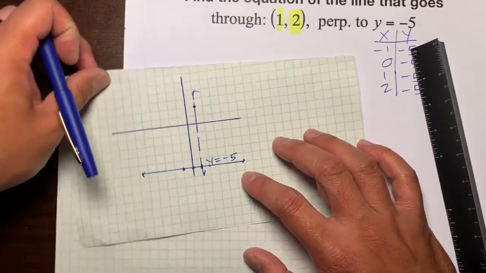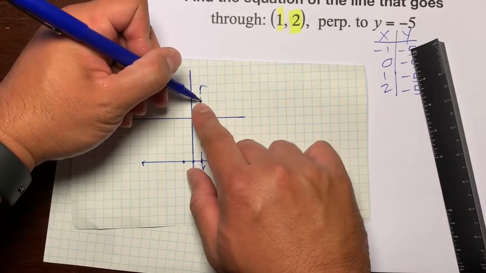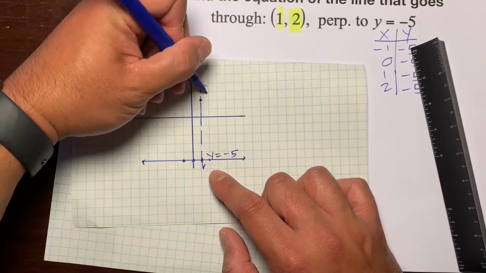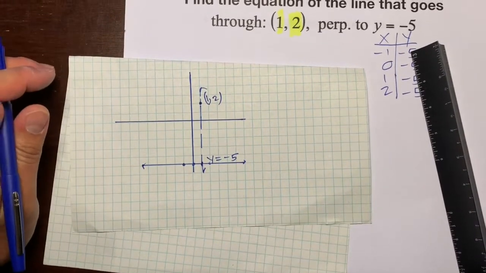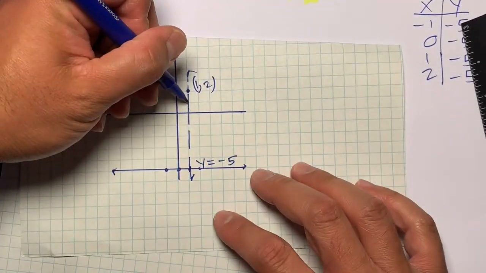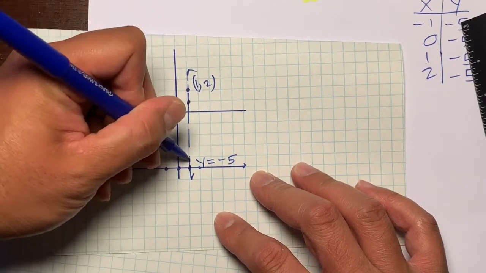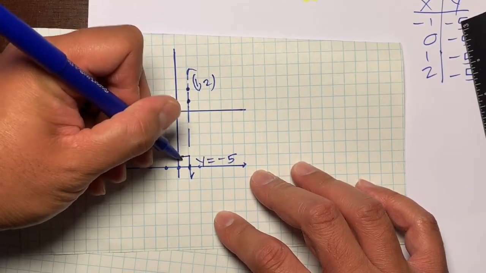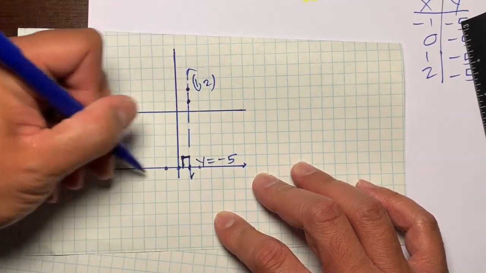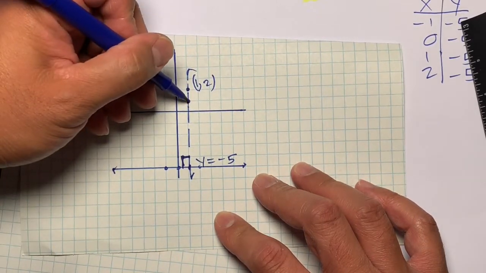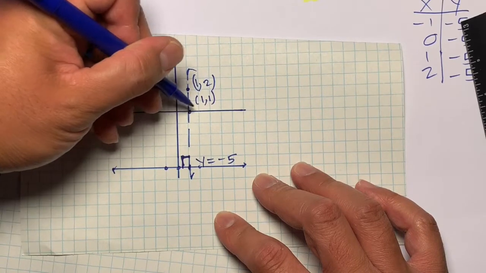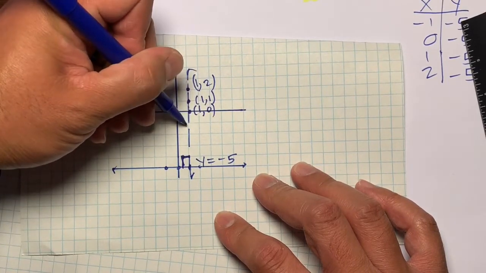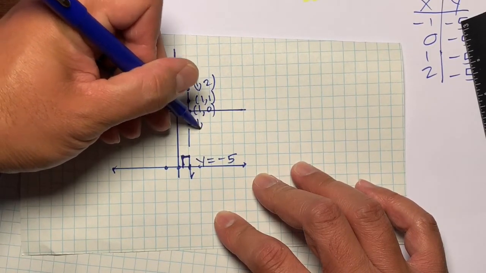Well, this point right here is (1, 2). We know this is perpendicular because this line makes a right angle with this line. This point right here is (1, 1). This one is (1, 0). This one is (1, negative 1).